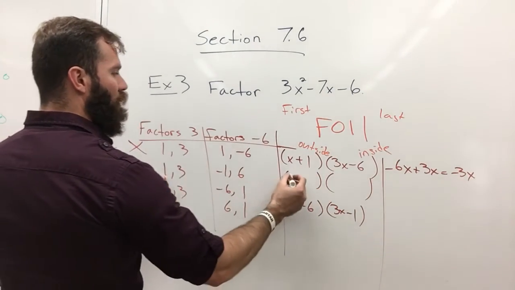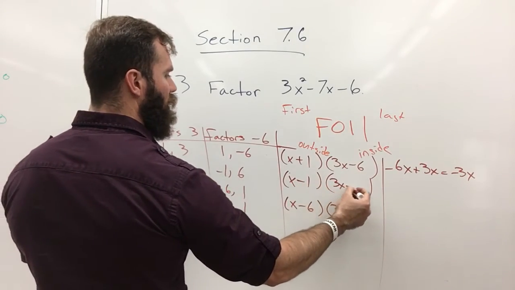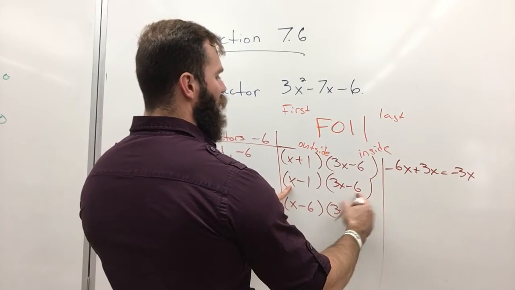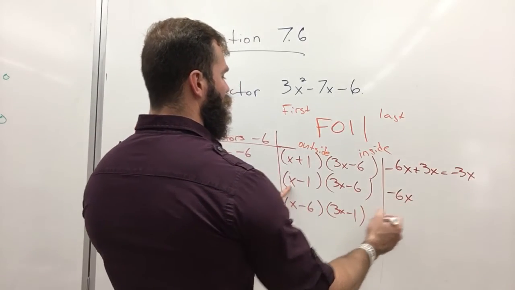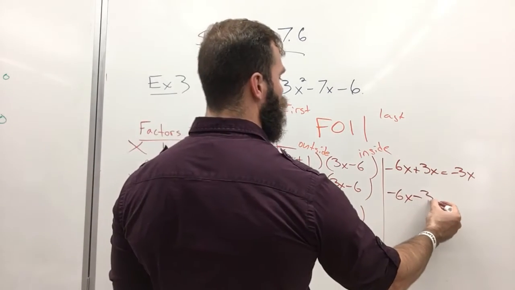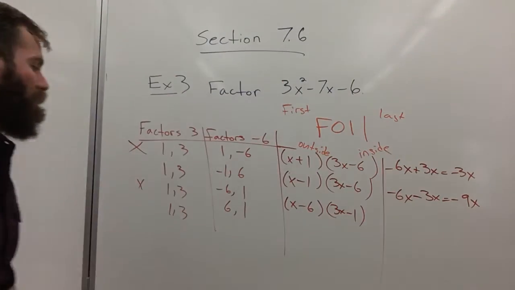1 and negative 1, so 1x minus 1. 3 and 6, 3x minus 6. Take care of the outsides. x and negative 6, negative 6x. Take care of the inside. Negative 1 times 3x is minus 3x. That's not negative 7x, that's negative 9x.